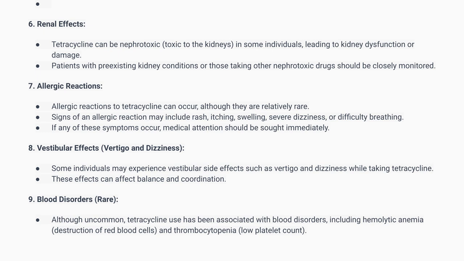So if a patient is having any sort of pre-existing kidney condition, you should not give these drugs. Or if you see that the patient is already taking some other drugs which are nephrotoxic in nature, then you should titrate the dose. You should check whether this drug can be given or not. You have to find those things out.